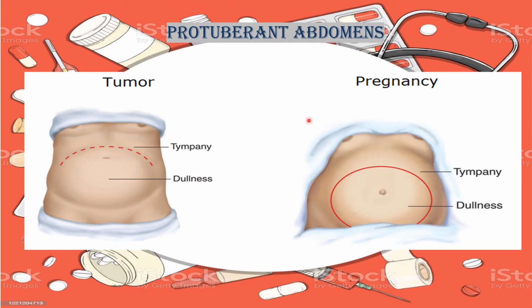To continue with the protuberant abdomens, we have a tumor. Okay, a large solid tumor, usually rising out of the pelvis. It is dull to percuss. So air-filled bowel is displaced to the periphery. Okay, causes include ovarian tumor and uterine fibroids.